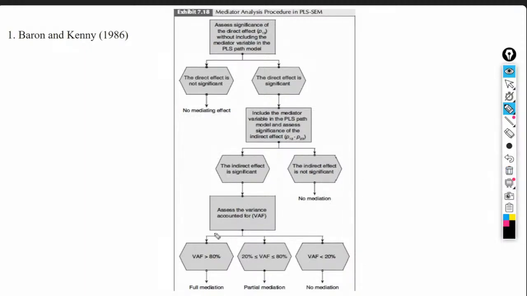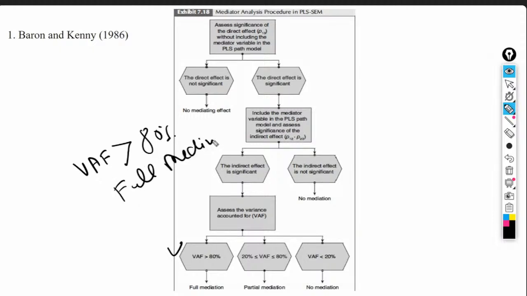The VAF value will decide whether there is no mediation, partial mediation or full mediation. VAF, variance accounted for: if the VAF value is greater than 80%, then there is full mediation. Full mediation means the total effect equals the direct effect plus the indirect effect.